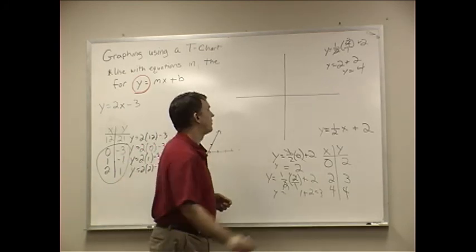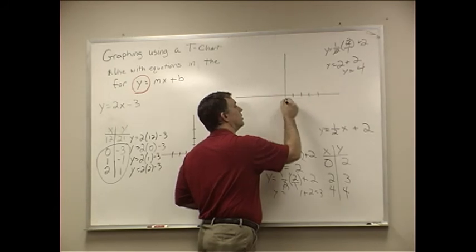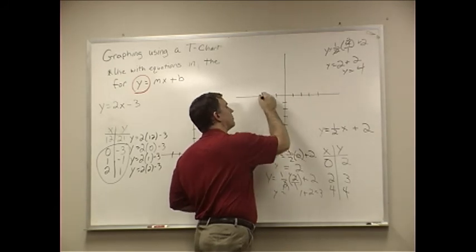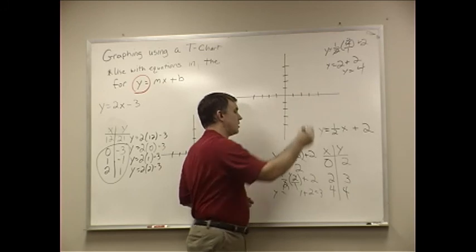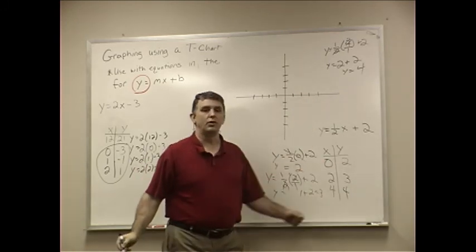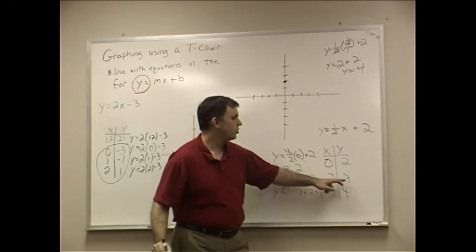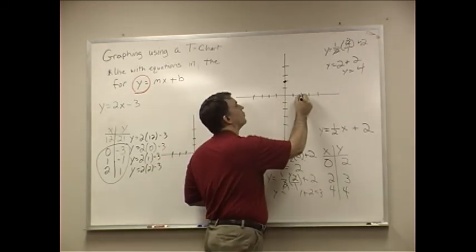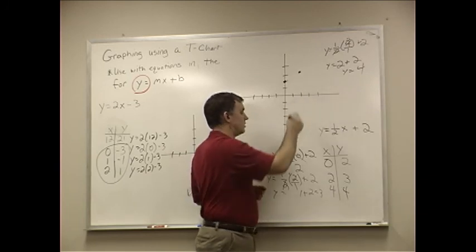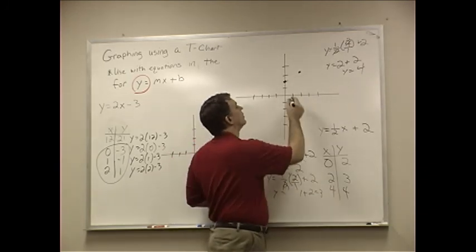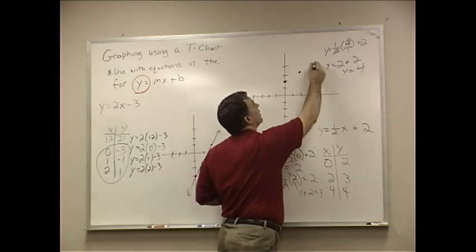So let's go ahead and graph those. Let me put a few tick marks up here. All right, 0, 2, go over 0, up 2. 2, 3, over 2, up 3. 4, 4, over 4 and up 4.